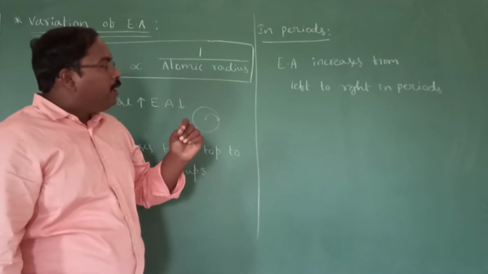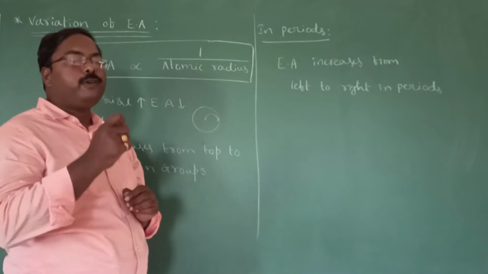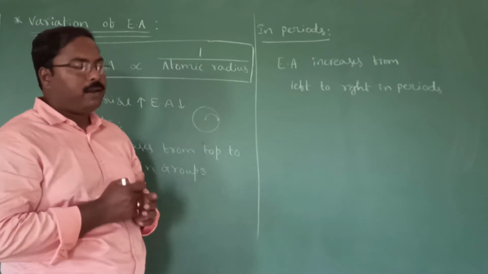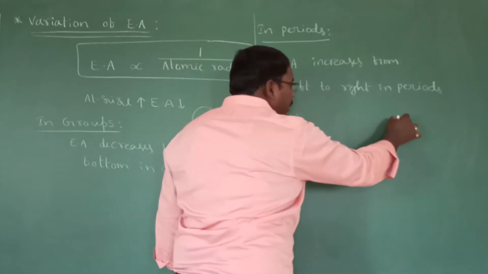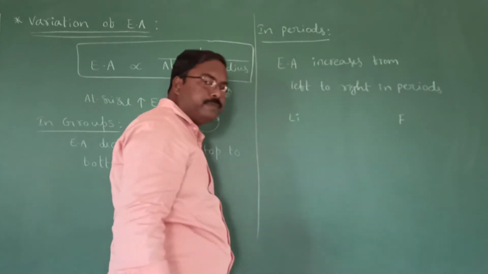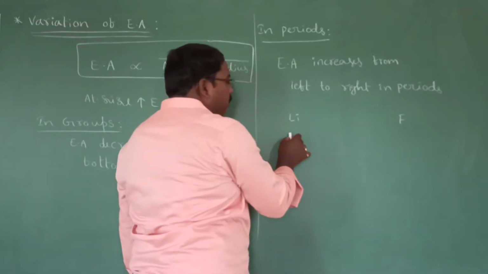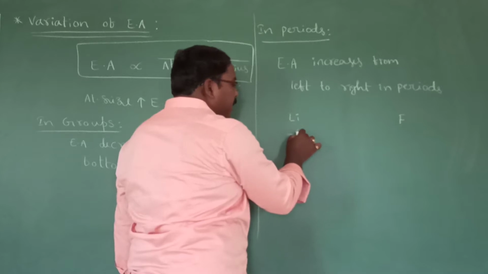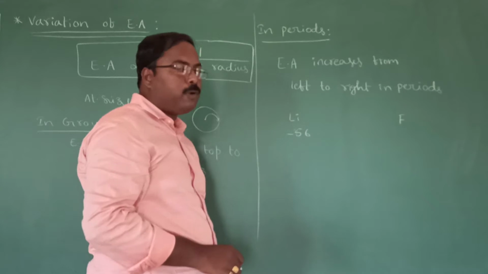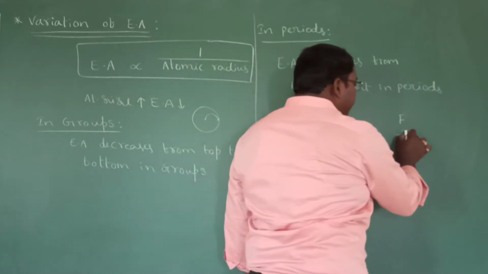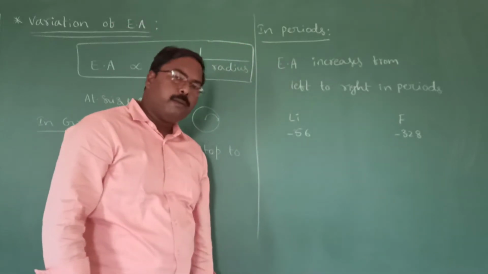Okay, but regarding the values, you should be careful while choosing the options. For example, take lithium and fluorine. Lithium's electron affinity value is approximately minus 56 kilojoules per mole. Fluorine's electron affinity is around minus 328 kilojoules per mole.